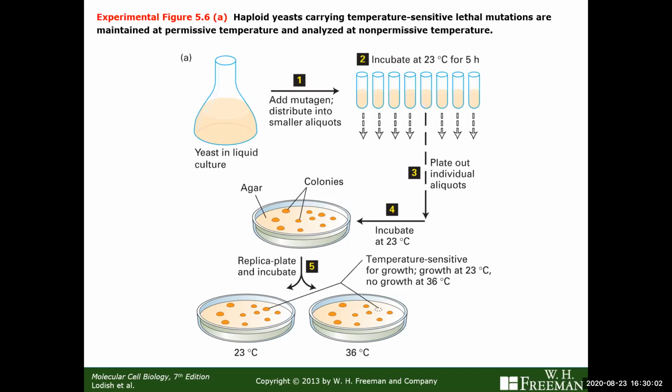And then during a further round of replication, they will change the sequence. You just want to ensure that in one cell, one modified nucleotide, that is your mutagen, is incorporated only in one place in the whole genome of the cell. Okay?